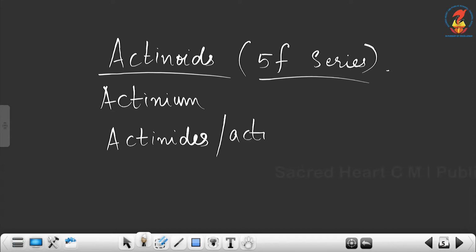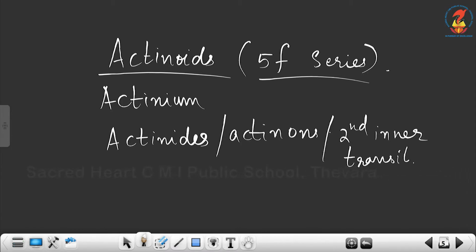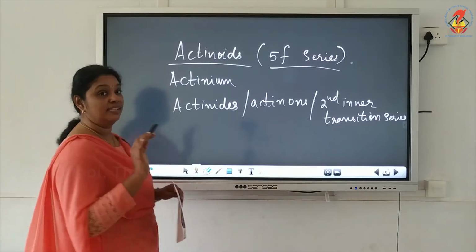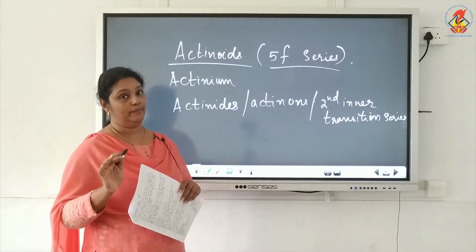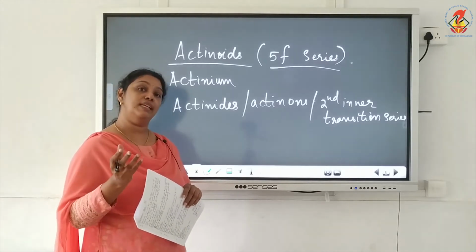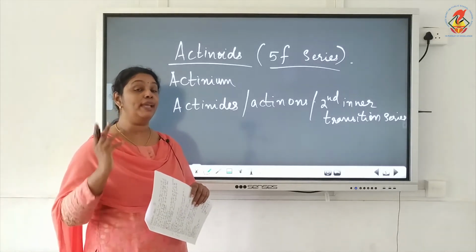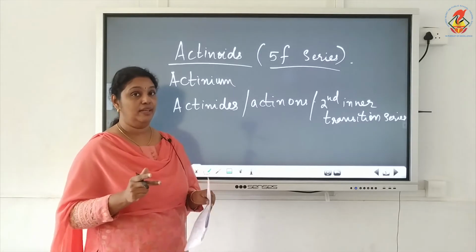Or actinons, or they are also called the second inner transition series or second inner transition elements. Now actinium is in period number 7 and group number 3. So this 5f series comes from group number 3 and period number 7.